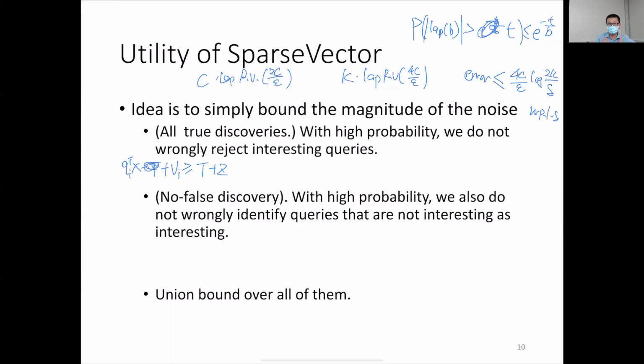Using this error bound, which bounds the absolute values of nu_j and z, with high probability, for all those where we output top, q_i transpose x is actually larger than T minus 8C over epsilon log 2K over delta.